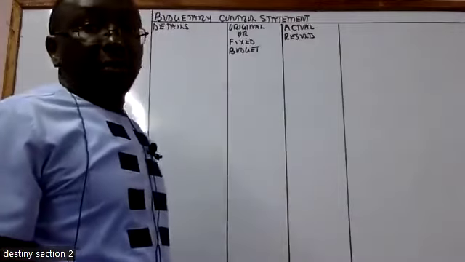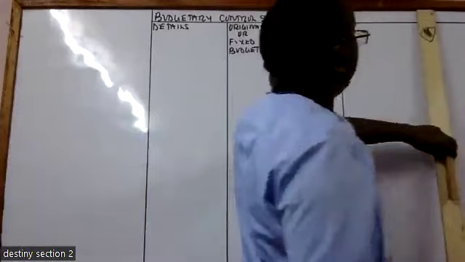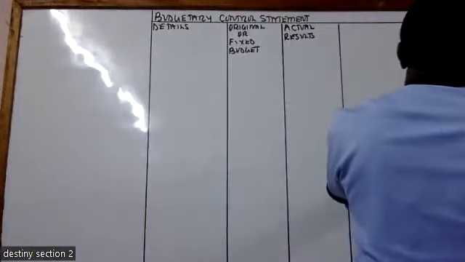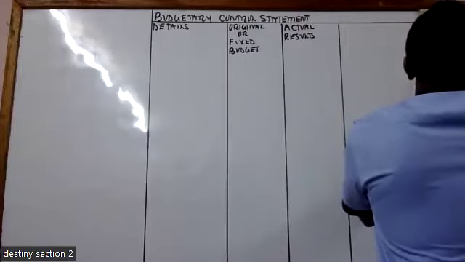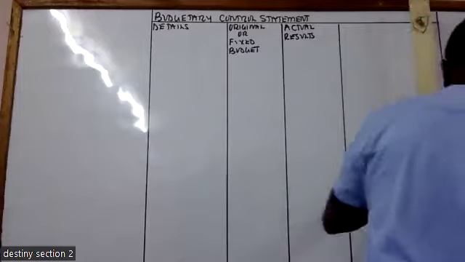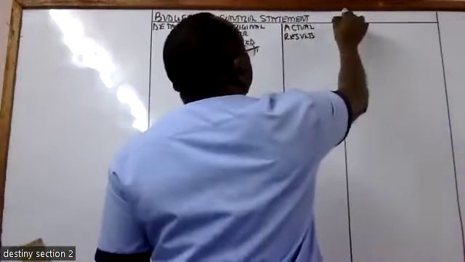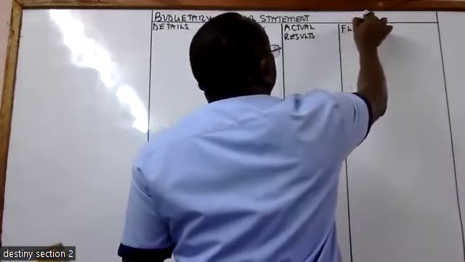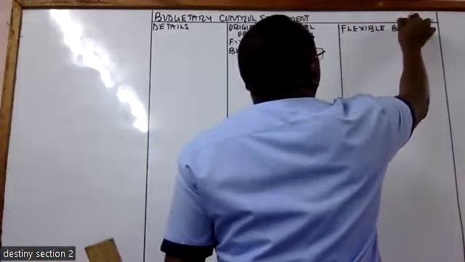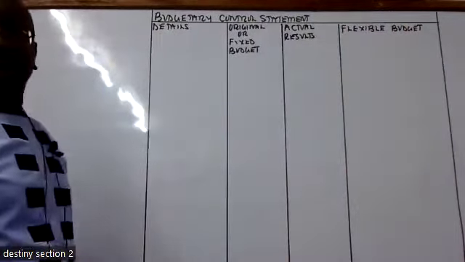So where we may require a working is in this one, which is known as a flexible budget.